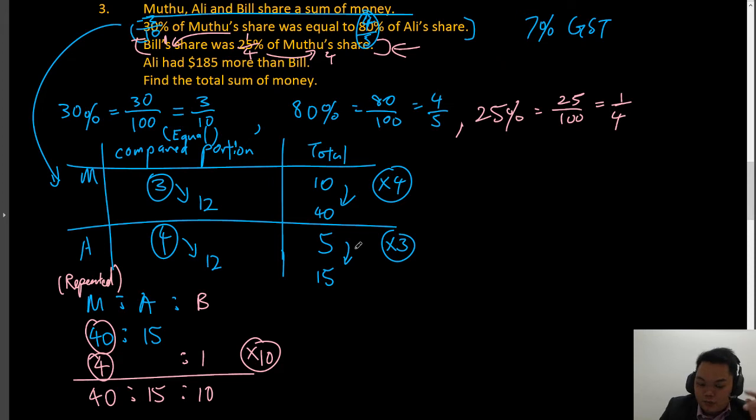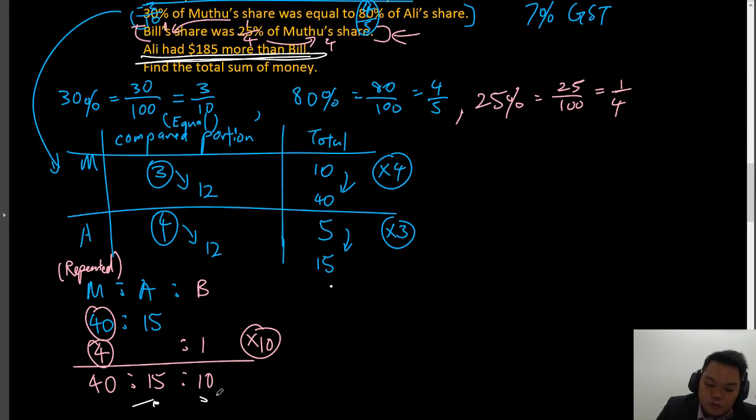Okay, and once we have that ready, we can now compare between Ali and Bill, because Ali had $185 more than Bill. Okay, previously you couldn't. Previously they were blocks of different lengths. That will end up with like another equation or something. So once you have this ready, you can now compare between this and this.